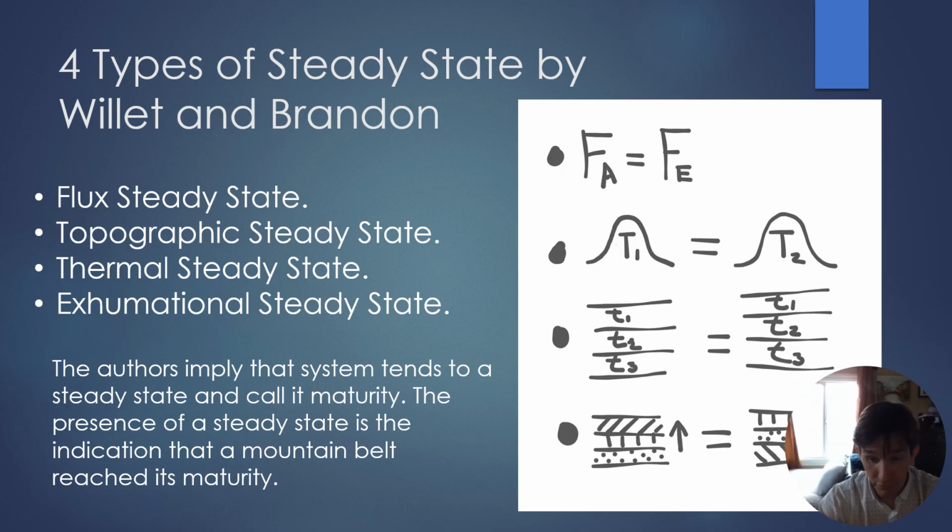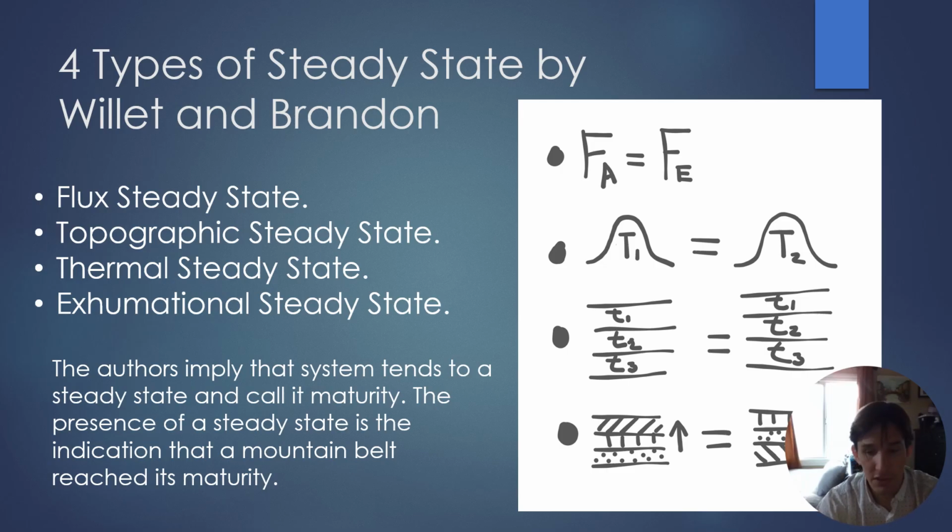As I make a very basic illustration showing different strata there, we see that even though the strata are different, the rate at which they are uplifted is maintained. This is called exhumational steady state.